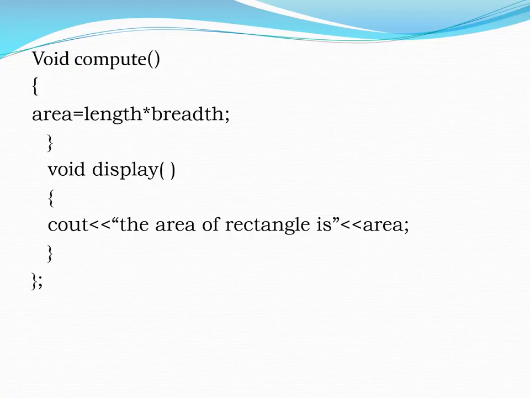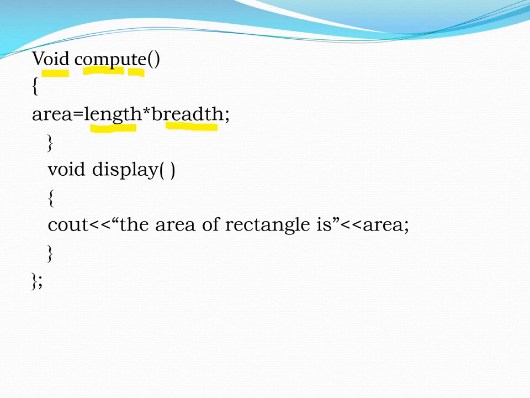For the calculation part, we take a return type of void, followed by the member function name compute. In this part, we are going to calculate the area of a rectangle: area is equal to length into breadth.